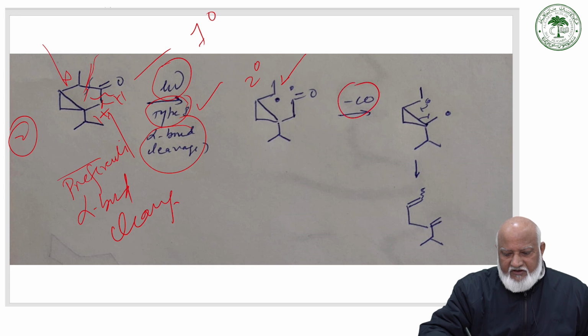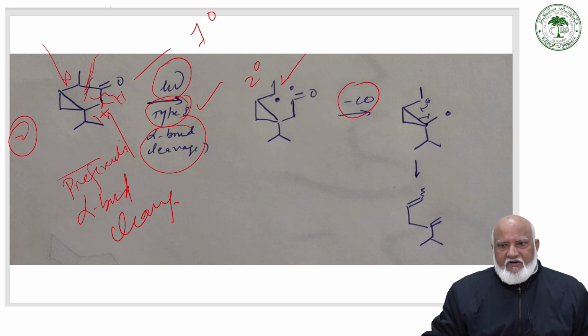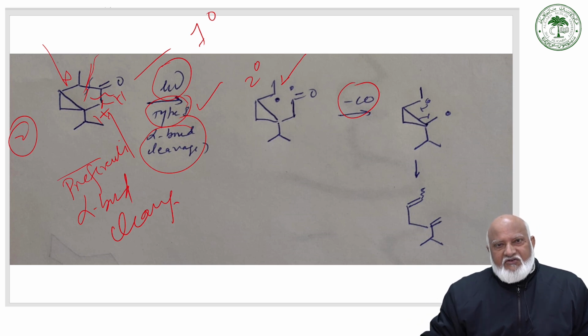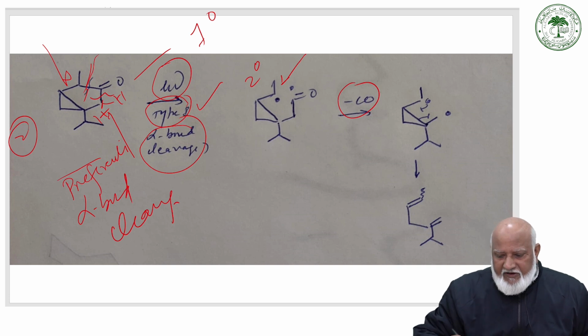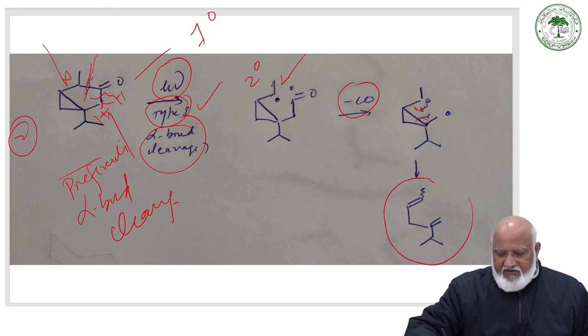This will undergo decarbonylation to give this diradical species. Since there is a cyclopropane ring in this case adjacent to the carbon center radical, the cyclopropane, which we know is under high strain, will undergo ring opening to give this diene system.